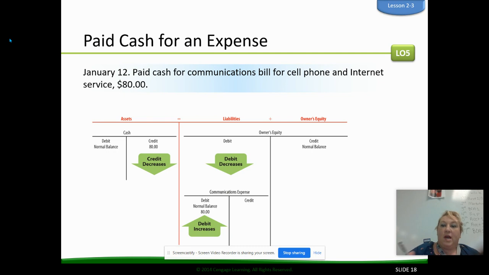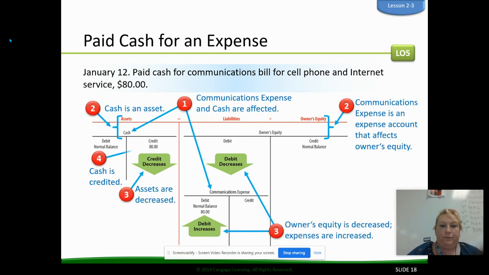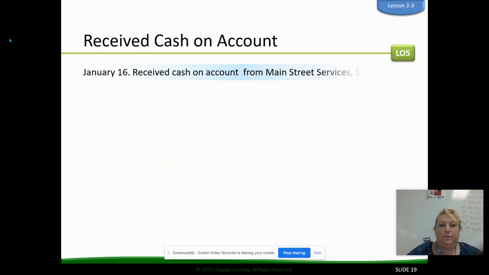So we keep track for the year, and then we go, okay, hold on. We spent way too much money in rent, or in communications or utilities or whatever it is. We need to figure out a way to spend less money in that expense area. So we're going to keep track of those, and we keep track of our sales too.